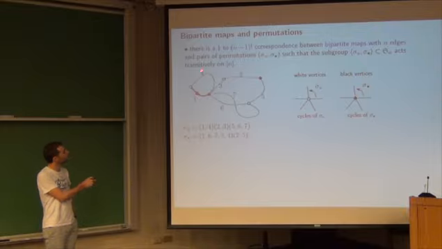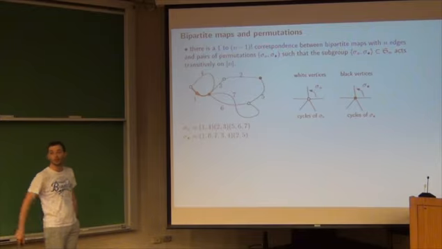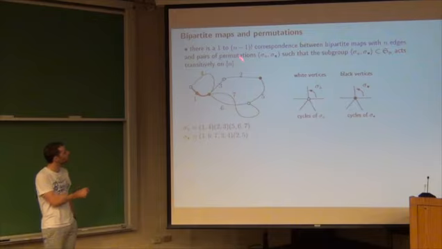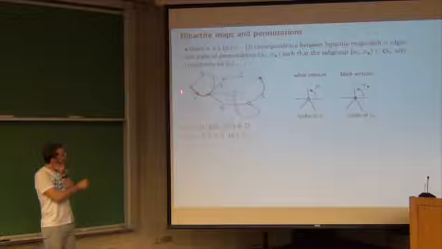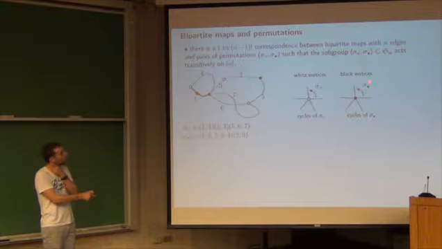You put 1 to the root, and you put any of the (n-1)! labelings on the others. And you build a permutation sigma white that records the counterclockwise order around white vertices, and the permutation sigma black that records the counterclockwise order around black vertices.